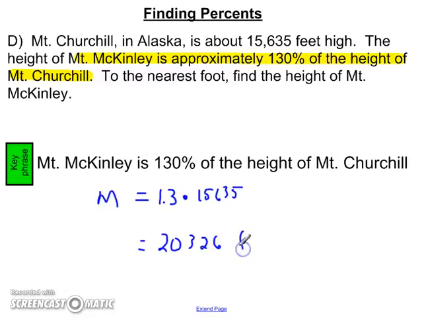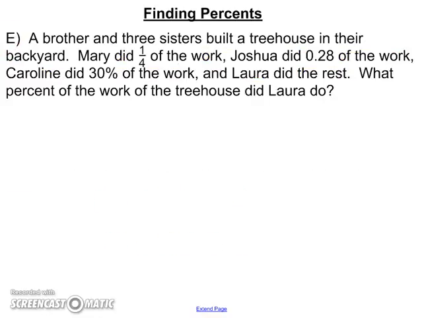So in this particular case, Mount McKinley's height is 20,326 feet. But if I find the key phrase in the problem, it'll tell me basically what to do if I translate it into mathematical phrases.